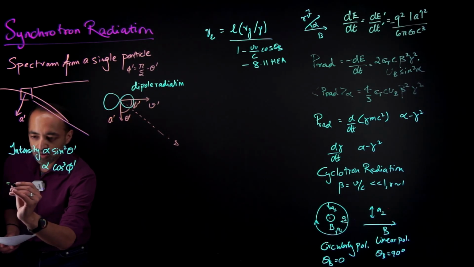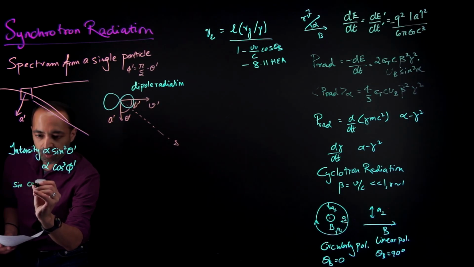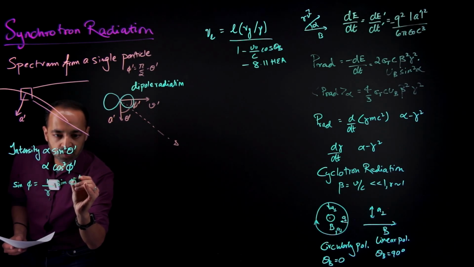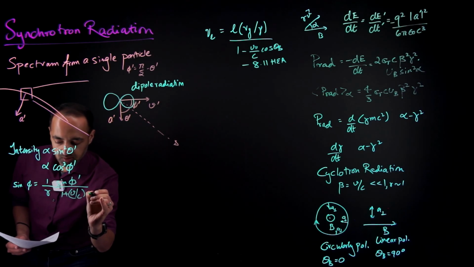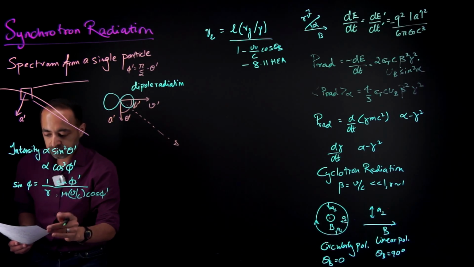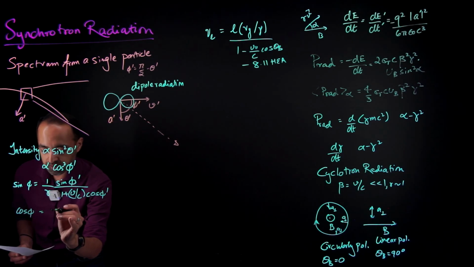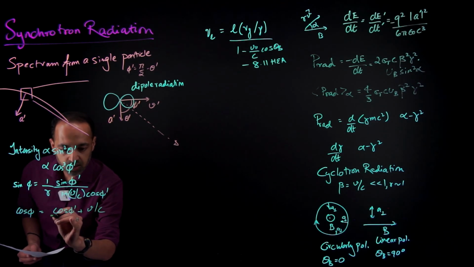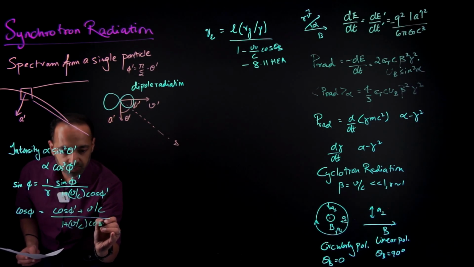So the transformations look like this. We have sine phi is 1 over gamma, sine phi prime divided by 1 plus v over c cos phi prime. That's the transformation of the angle phi. And cos phi is cos phi prime plus v over c, divided by 1 plus v over c cos phi prime.